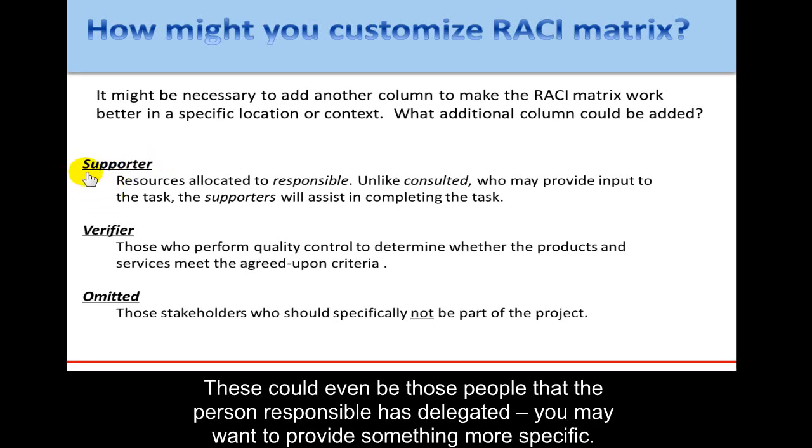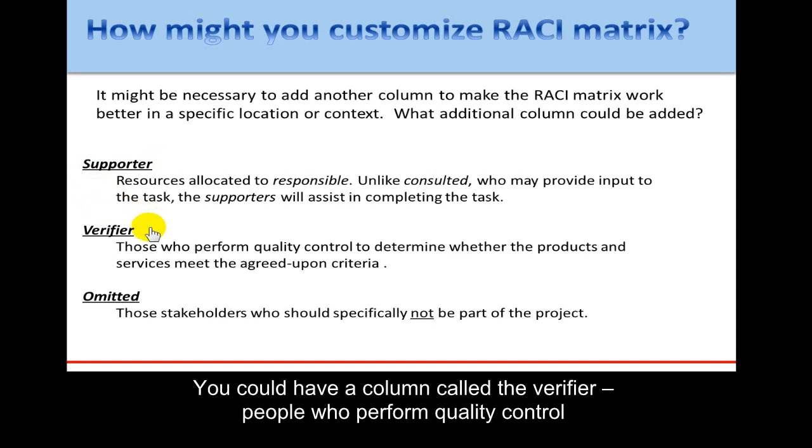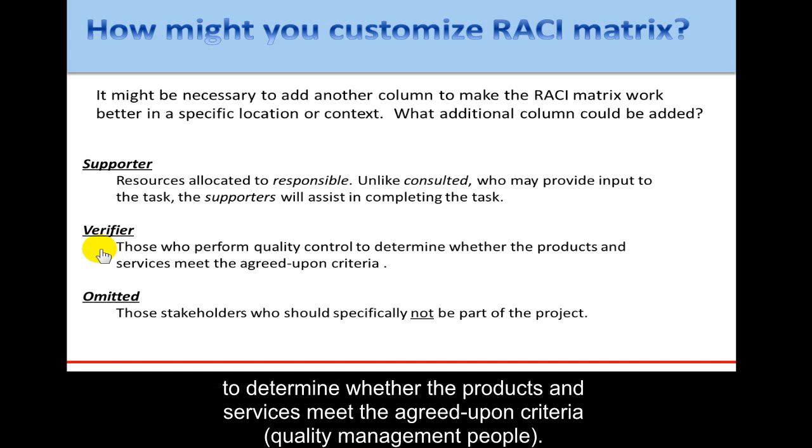So these could even be those people that the person responsible has delegated to, and you may want to provide something more specific. Or you could have a column called the verifier. That would be people who perform quality control to determine whether the products and services meet the agreed upon criteria.